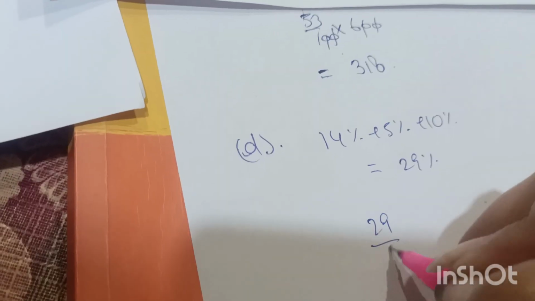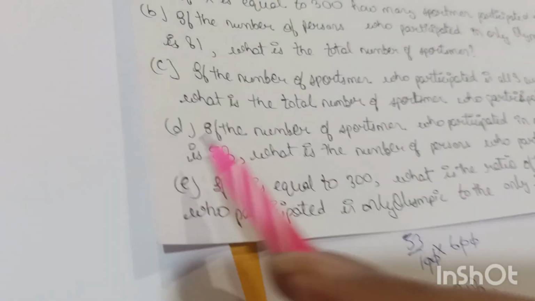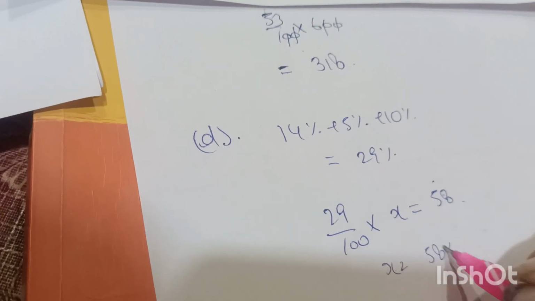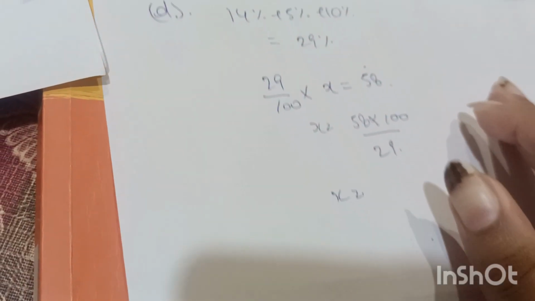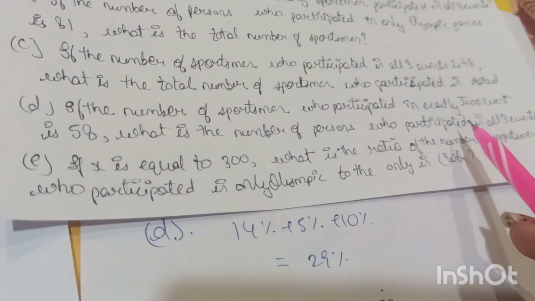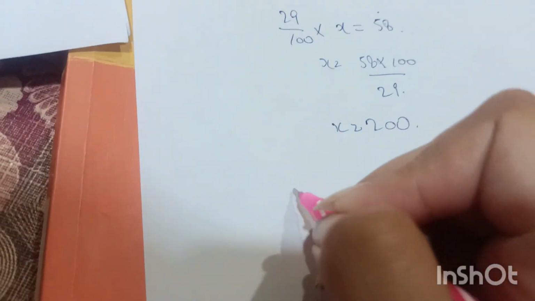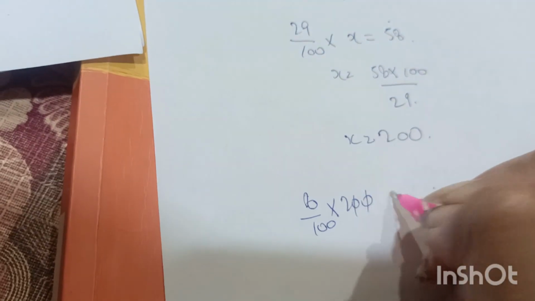So 29 upon 100 of the total is 58, and x will be 58 into 100 upon 29, which is 200. All three is 8%, so 8 upon 100 into 200 gives 16.